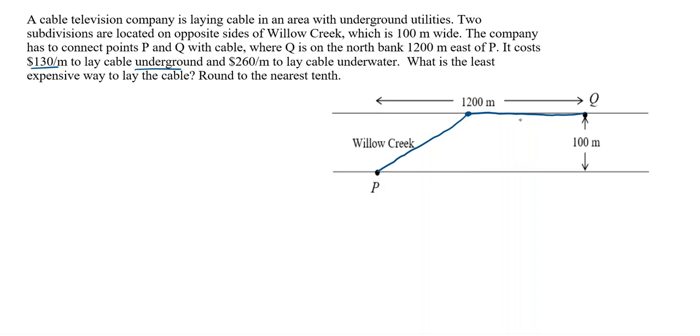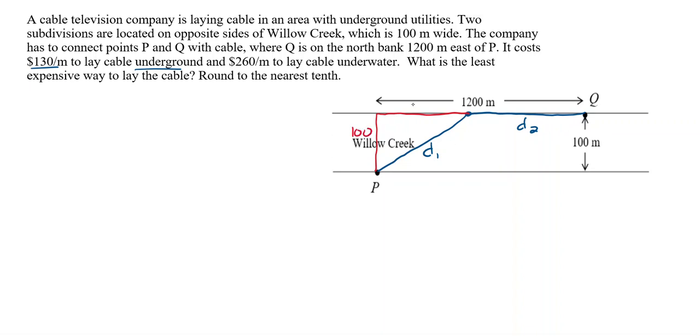Let's call this distance D1, and this distance D2. Now, let's turn this into a little right angle triangle and see if we can make some sense of this. We know this side of the triangle is 100.